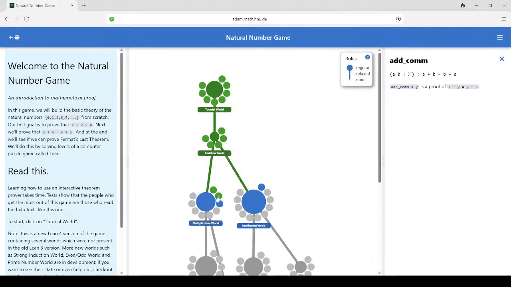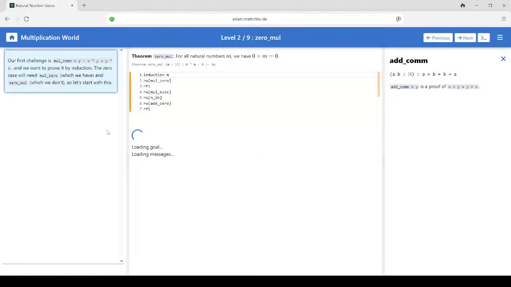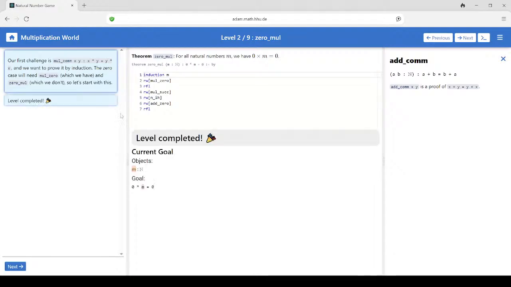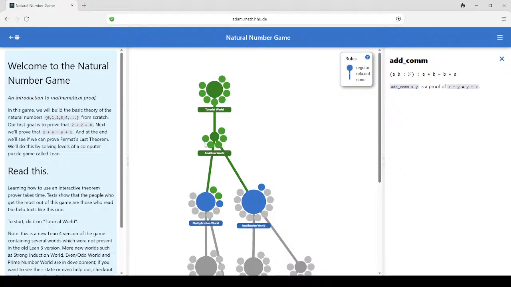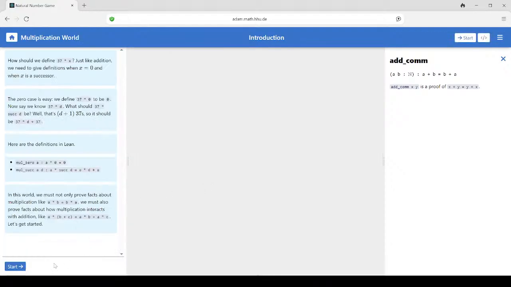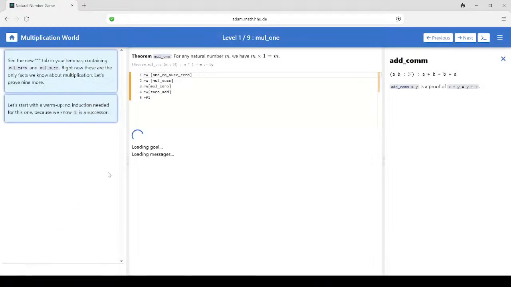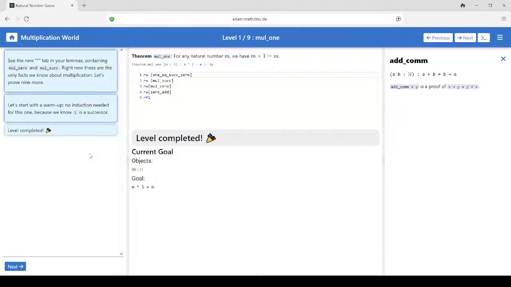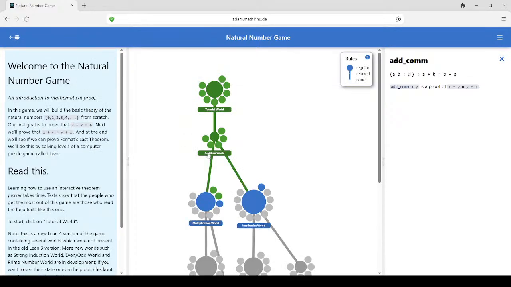Hang on. I'm gonna go back. There was one point in which it gave me advice telling me that I could... That might have been back in Addition World.